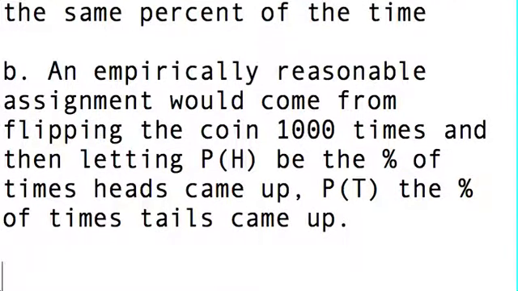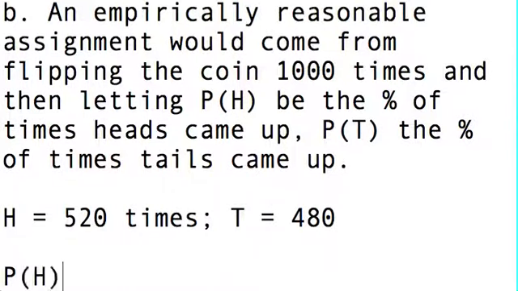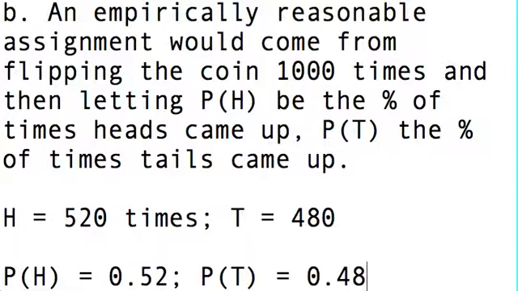So, for example, let's say H came up 520 times, and that would mean that tails had to come up 480 times. So we would then say that the probability of H would be 0.52 because it came up 52% of the time, and the probability of tails would then be 0.48.